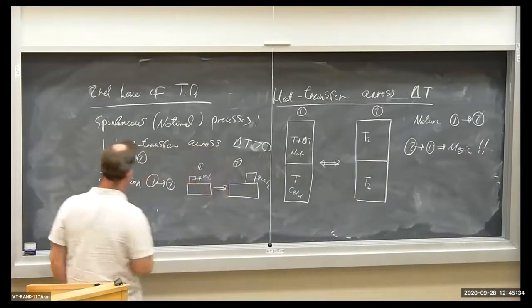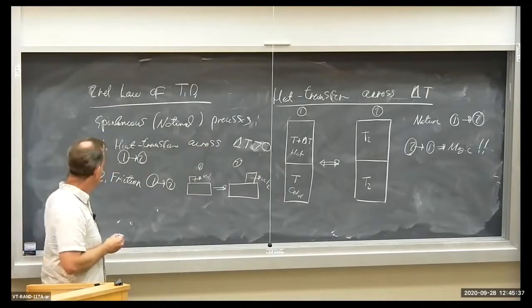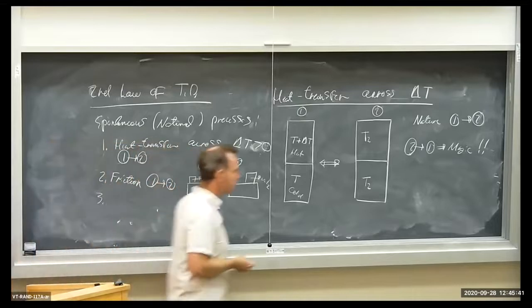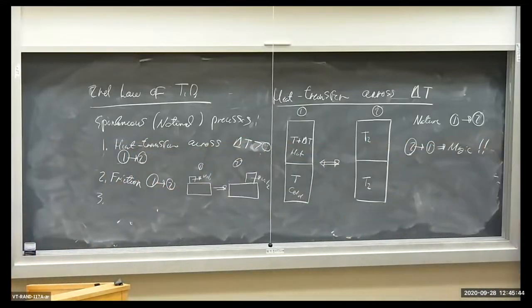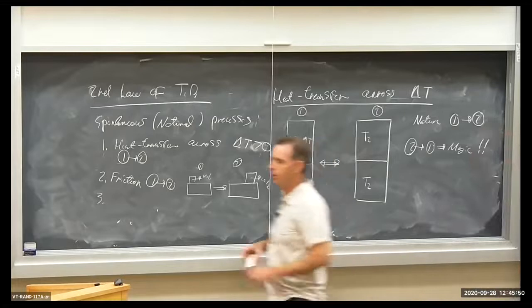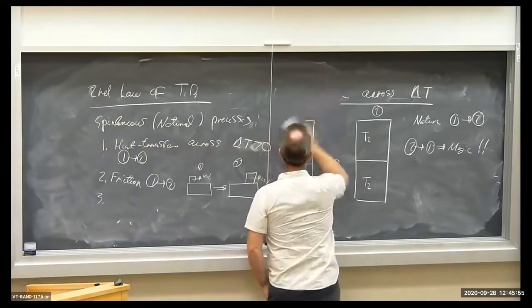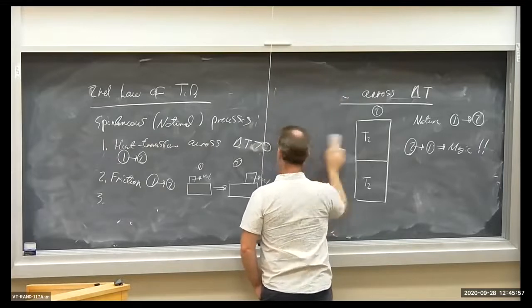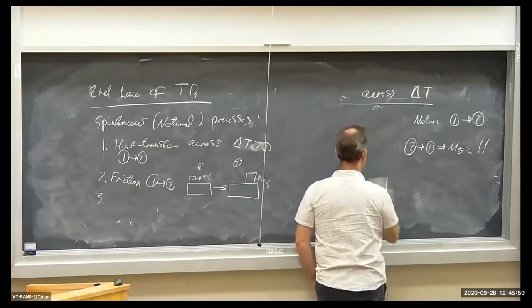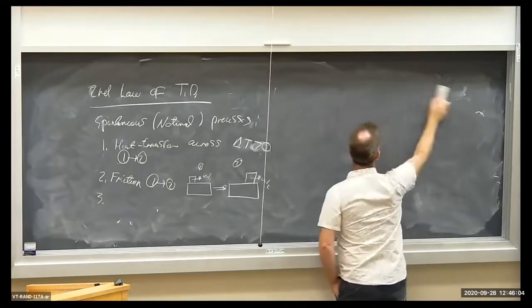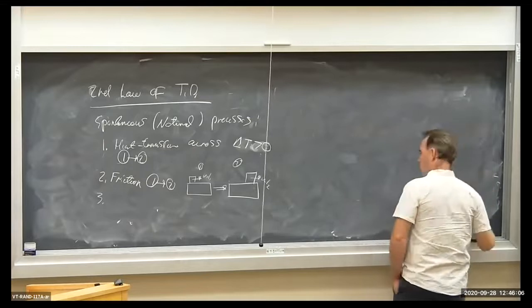internal energy. Okay? There's a third kind of natural or spontaneous process, and that is unrestrained expansion of a gas. Seems like kind of a mouthful. Unrestrained expansion of a gas. So heat transfer across a finite temperature difference, processes involving friction, those all go in one direction in the real world.